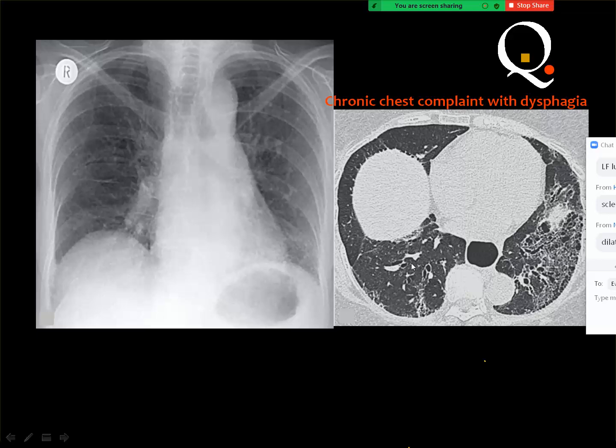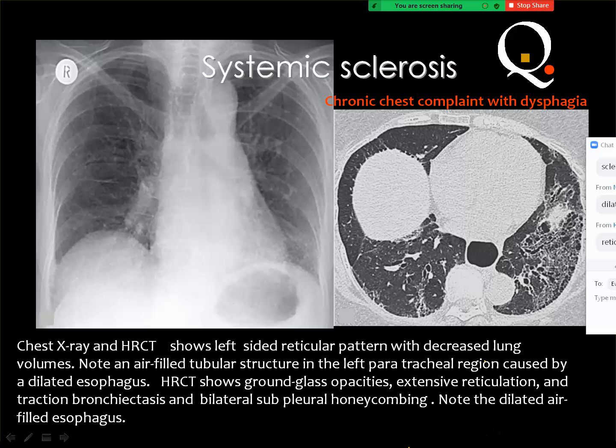But from the CT scanning, you got the marked dilatation of the esophagus, which is atonic, as well as the changes of pulmonary fibrosis, which is usually associated with these connective tissue disorders. And the diagnosis is right, scleroderma with interstitial lung fibrosis.